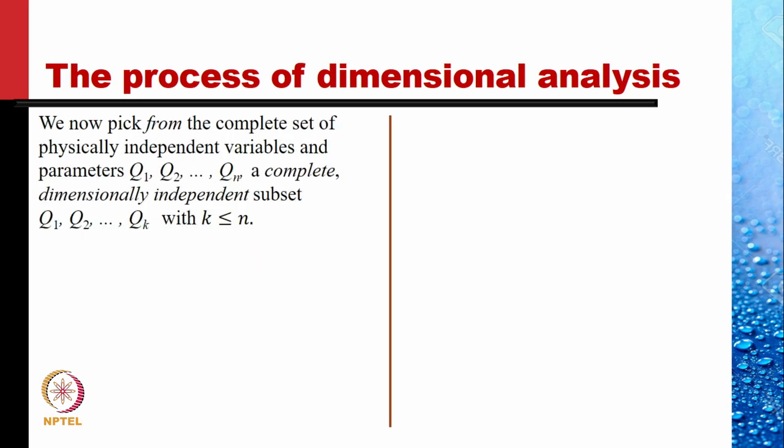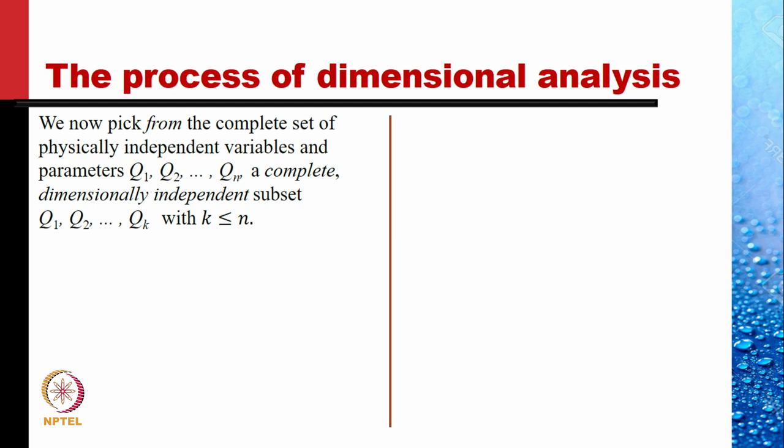We now pick from the complete set of physically independent variables and parameters, in our case only the parameters, Q1, Q2 to Qn, a complete and dimensionally independent subset, Q1, Q2, to Qk, with k less than n.